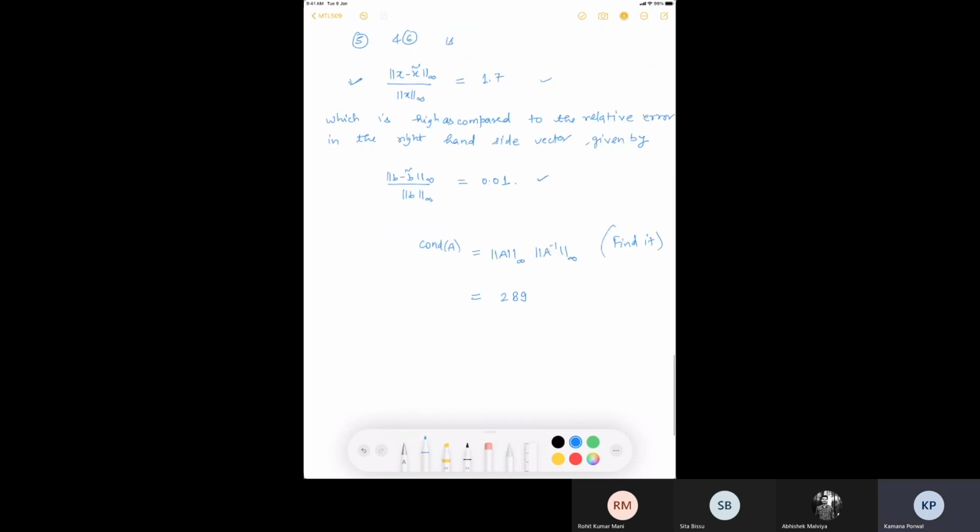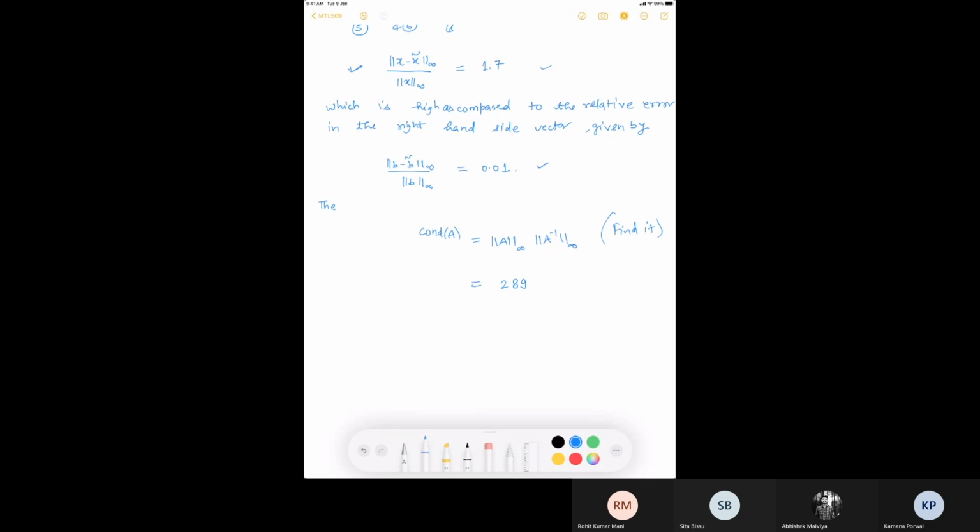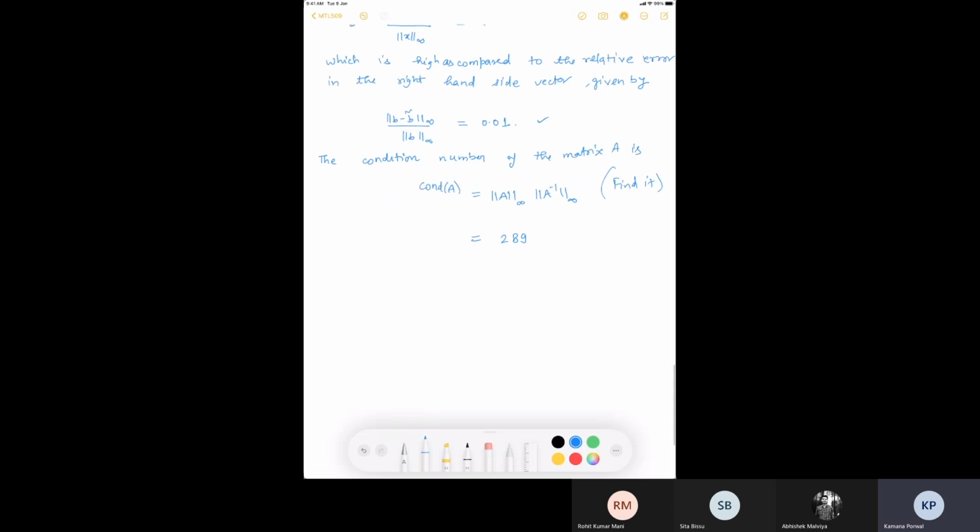The reason is that the condition number of the matrix A is 289, therefore the magnification of the relative error is expected.